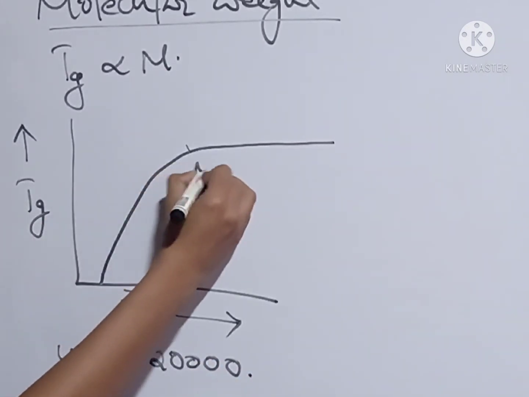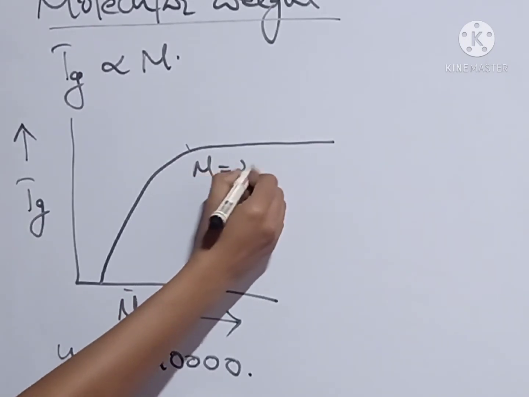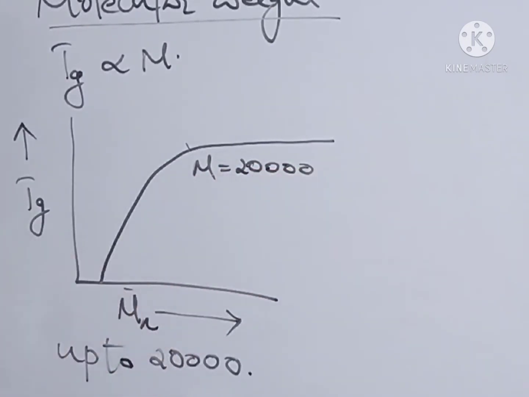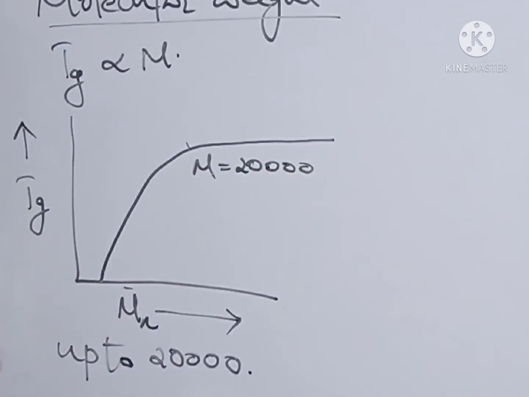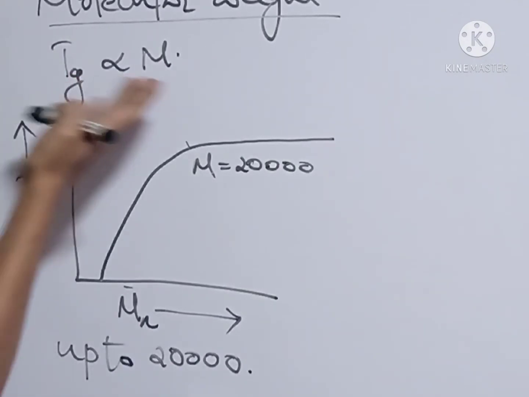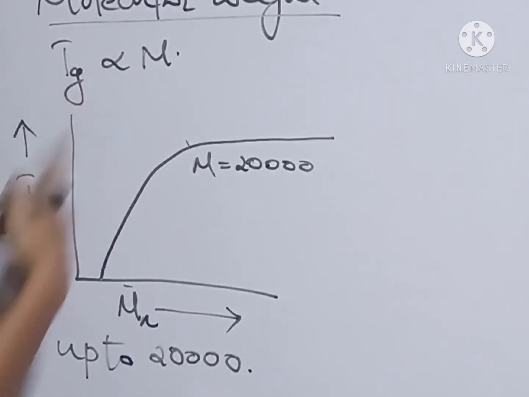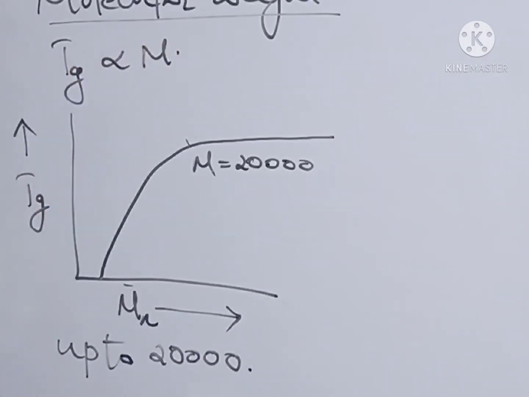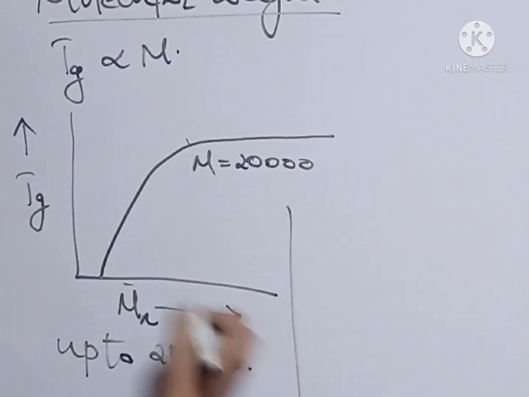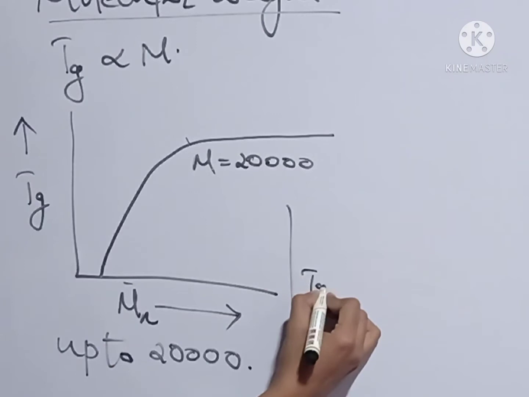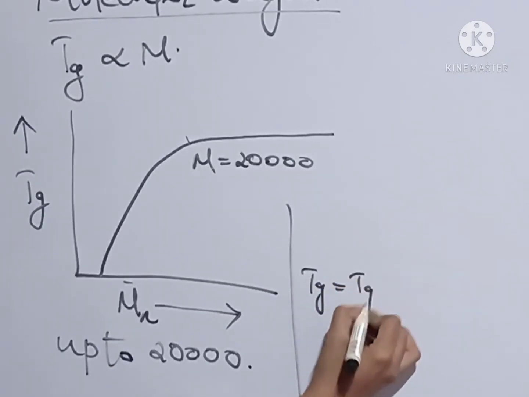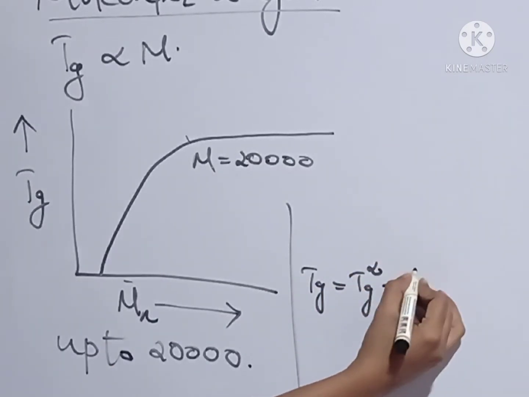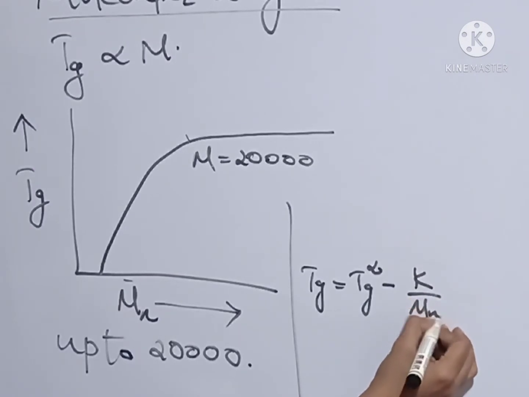So here the molecular weight is around 20,000. And there are two important mathematical relations which relate glass transition temperature and number average molecular mass. One is Tg equal to Tg infinity minus K divided by Mn.